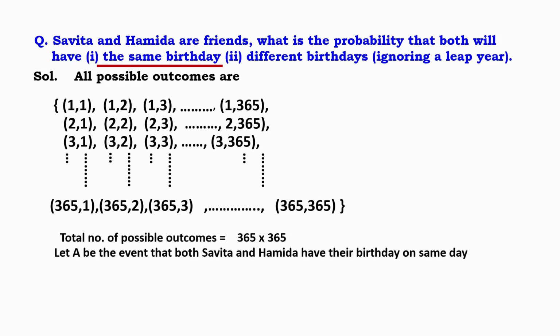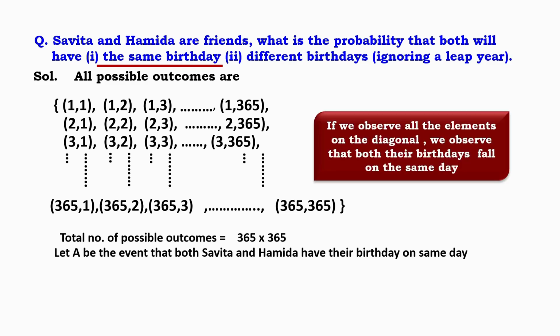Now we have to consider the first question, that is the probability that they will have their birthday on the same day. Let A be the event that both Savita and Hamida have their birthday on the same day. If we observe all the elements on the diagonal, both their birthdays fall on the same day.